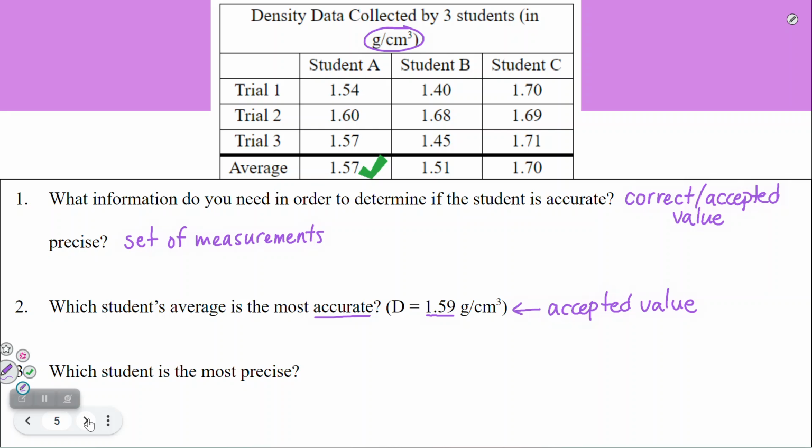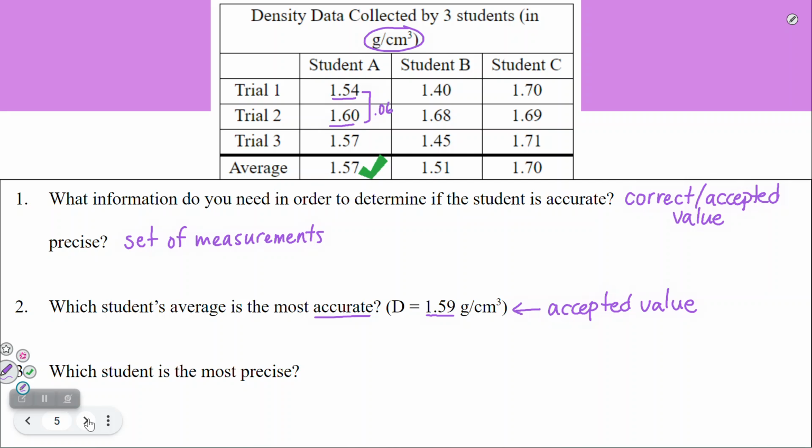Which student is the most precise? Well, in that case, we need to look at the ranges of the measurements that each student made and see which one had the smallest variance between the highest and lowest measurement. For student A, highest was 1.60, lowest was 0.54, so the difference here is 0.06.